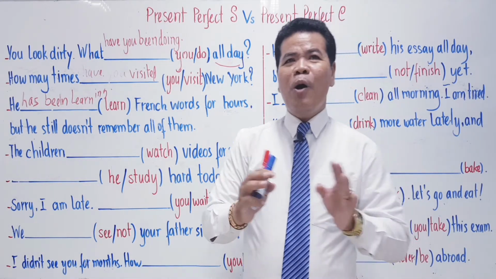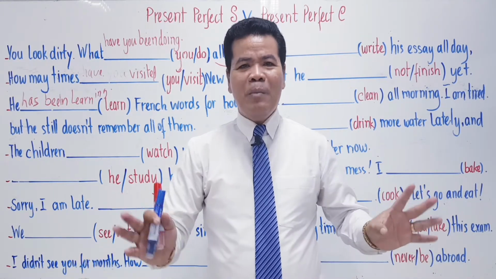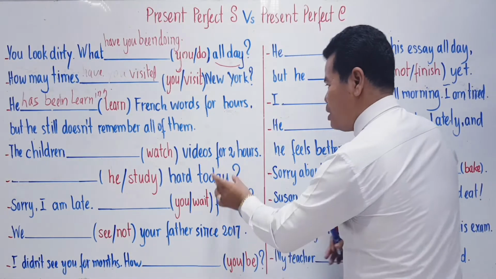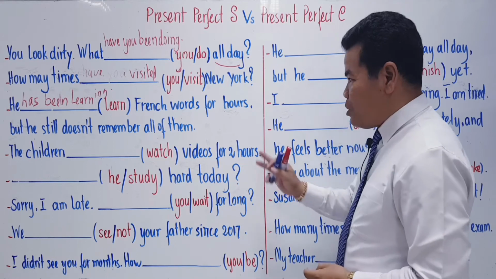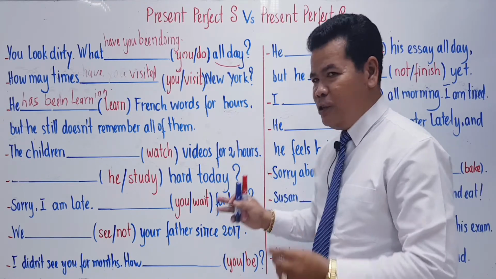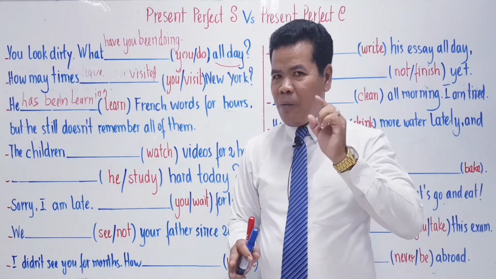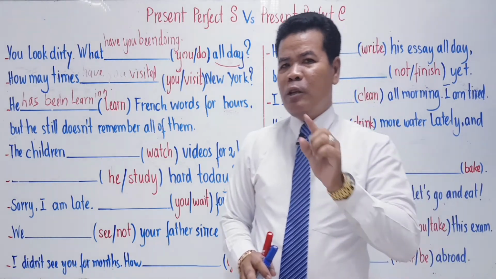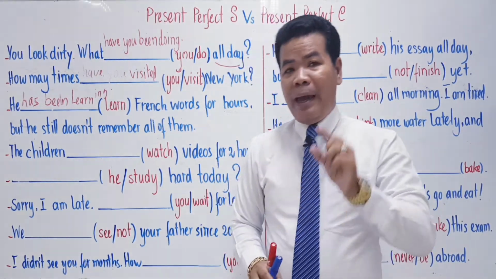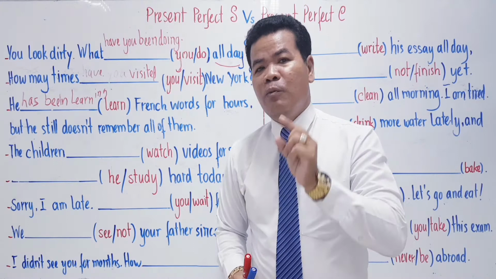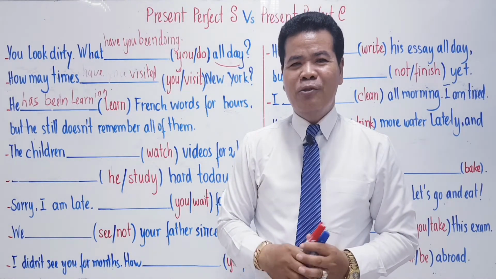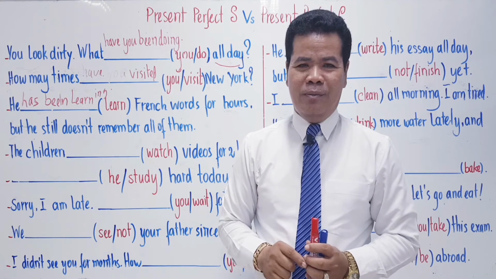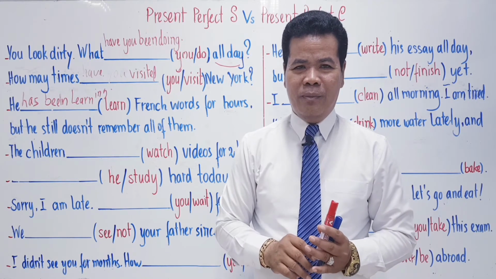So when they both use the same word like that, you see the key word is for, okay, for 2 hours. When you see the key word for 2 hours, it reminds you that for can be used with the present perfect simple, and also it can be used with the present perfect progressive. So it really puts you in trouble.